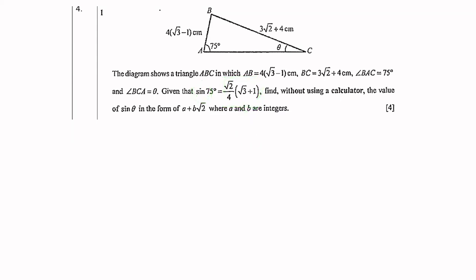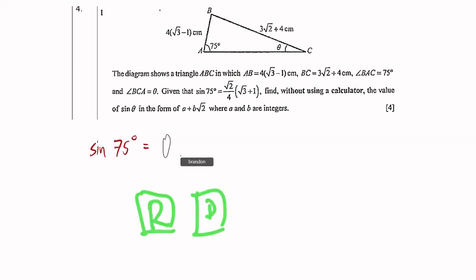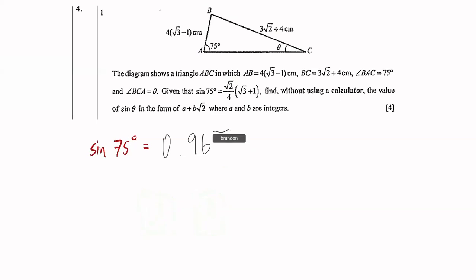have you tried using a calculator to check this? Try now. If you were previously in radian mode, please change to degree mode. Can you give me the decimal value of sine 75 degrees? 0.9659.